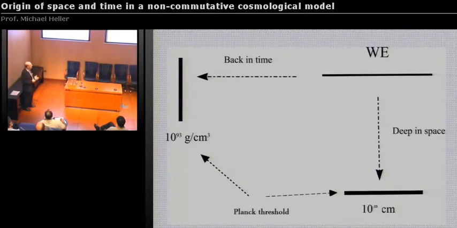And there are two ways along which we can go to the Planck level. The one is the astrophysical way, when we go backward in time in the universe and we try to reach its beginning.